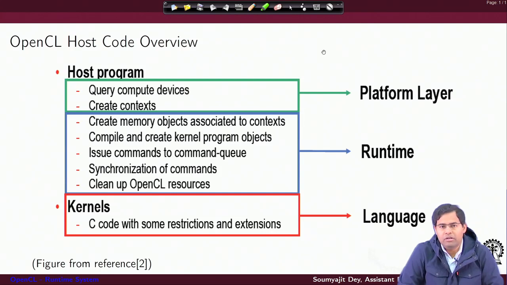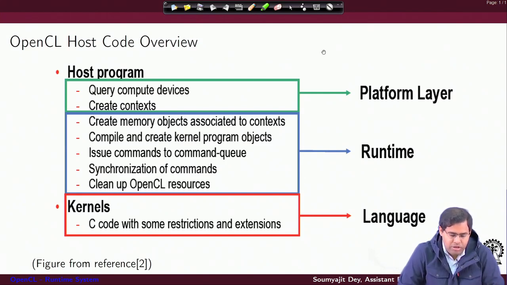Essentially, a context is an abstraction through which multiple devices can share their data. If you have segregated devices into two different contexts, they would need to communicate among each other through the host program without having any direct scope of communication or synchronization among them.